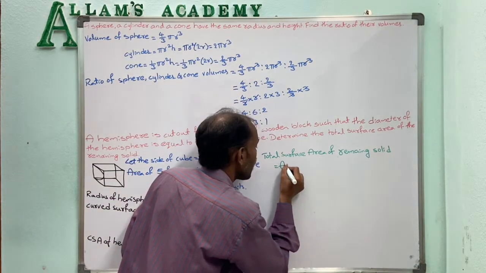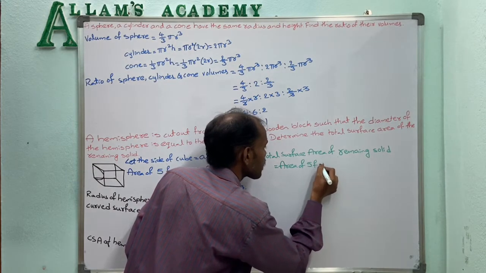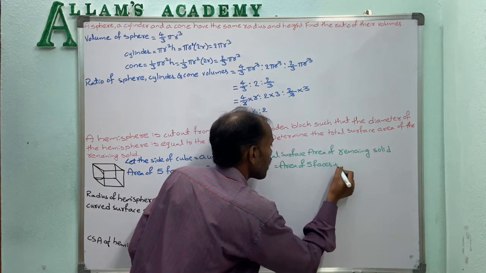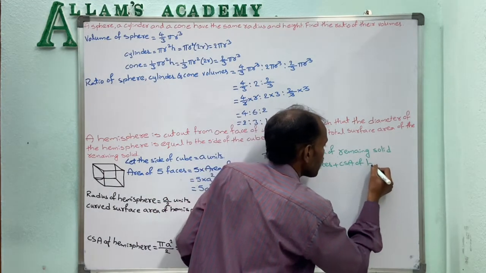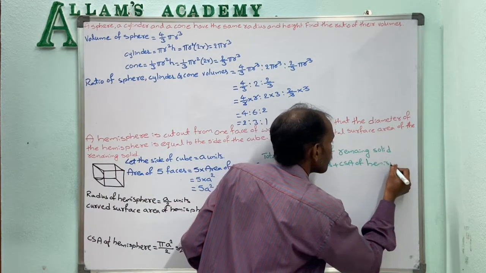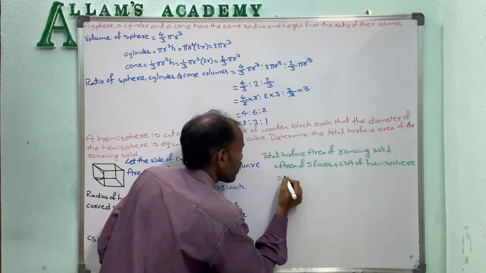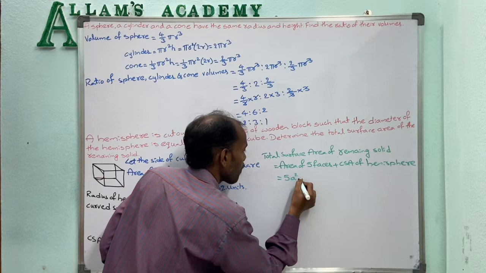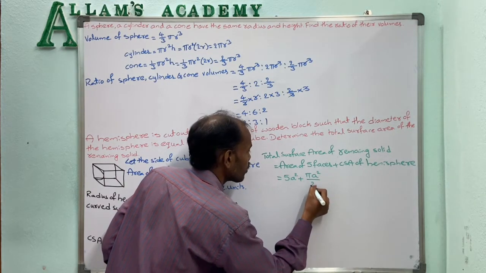That equals 5a square plus pi a square by 2.